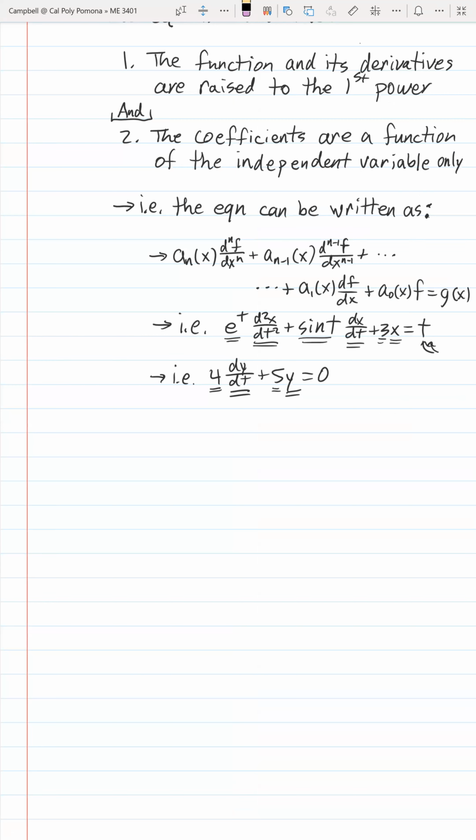And if the differential equation isn't linear, then what I mean by linear versus what we will call nonlinear is that a linear differential equation can be expressed in the form indicated, and if not, then it is called nonlinear.